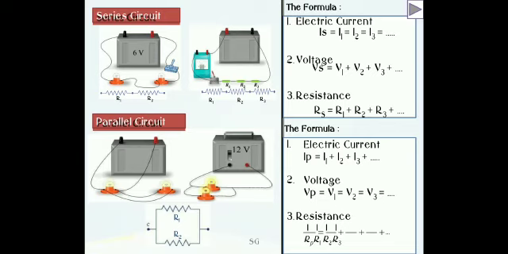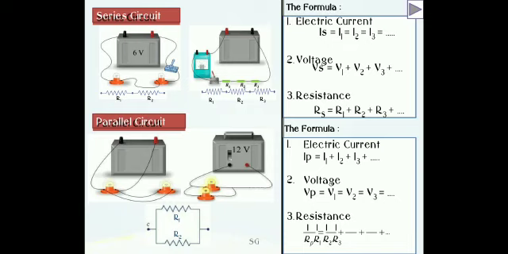And the effective resistance: 1 by Rp is equal to 1 by R1 plus 1 by R2 plus 1 by R3. You can add the reciprocals. There is a printing mistake here. So 1 by Rp is equal to 1 by R1 plus 1 by R2 plus 1 by R3 plus and so on.